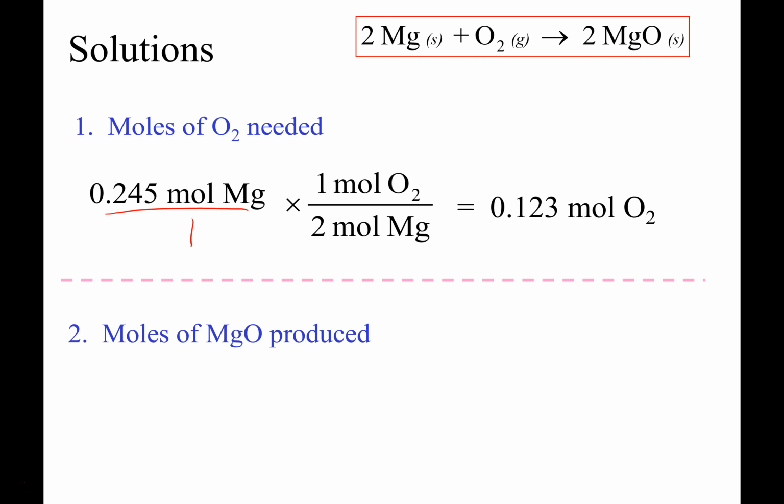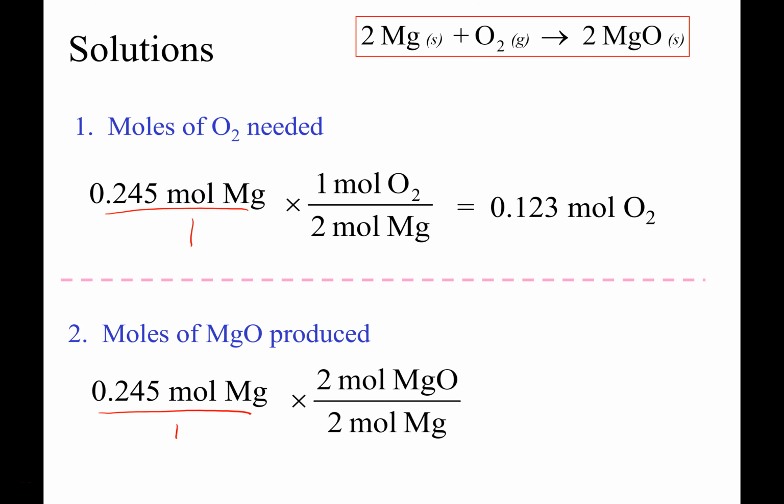So let's knock out the second one. Again, the starting number is going to be that 0.245 moles of magnesium. I put it over 1. And if we let the units do our heavy lifting, we decided we want moles of magnesium to cancel. We want to be left with moles of MgO, magnesium oxide. So this is where we have our 2 moles of magnesium oxide over 2 moles of magnesium.